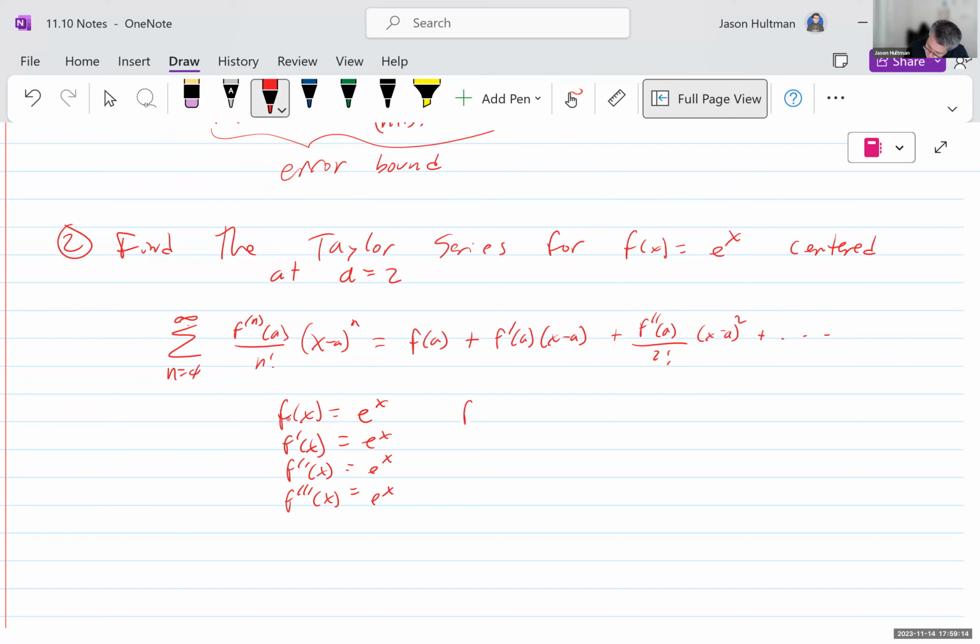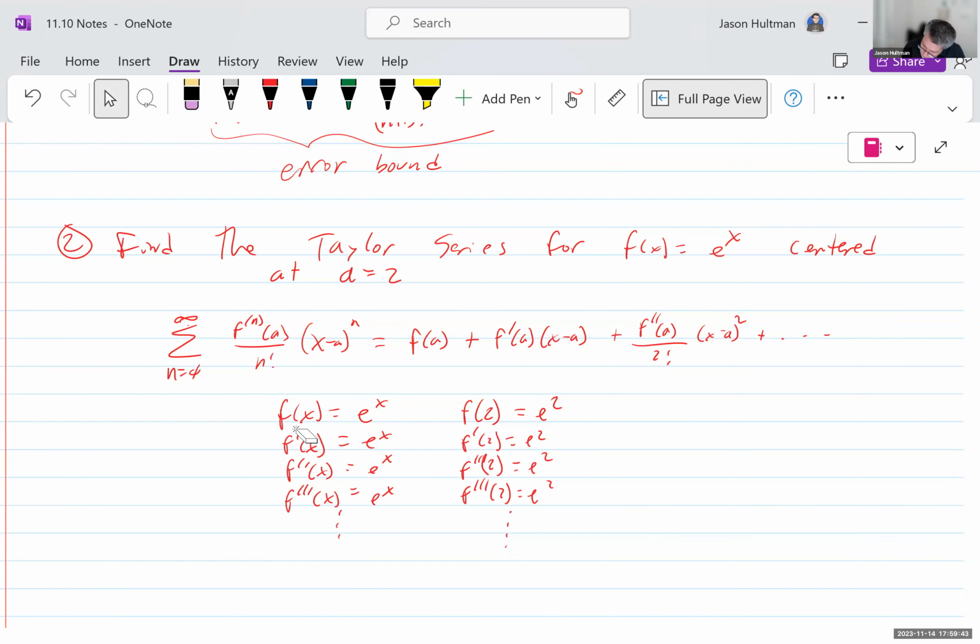And so if I let a be 2, then f of 2 is e squared. They're all e squared. f prime of 2 is e squared, and f double prime of 2 is e squared, and f triple prime of 2 is e squared, and it just goes on forever.